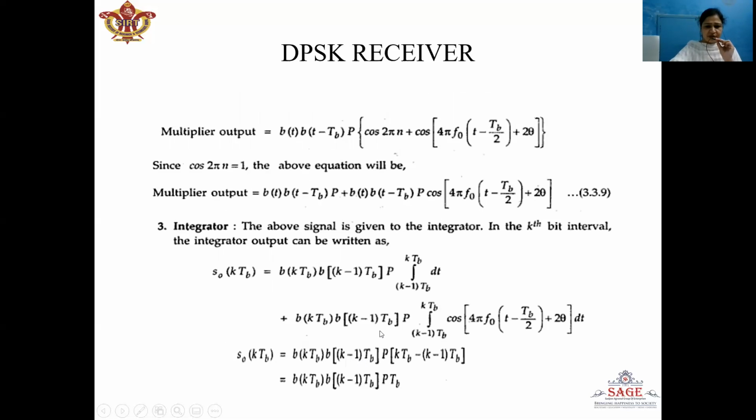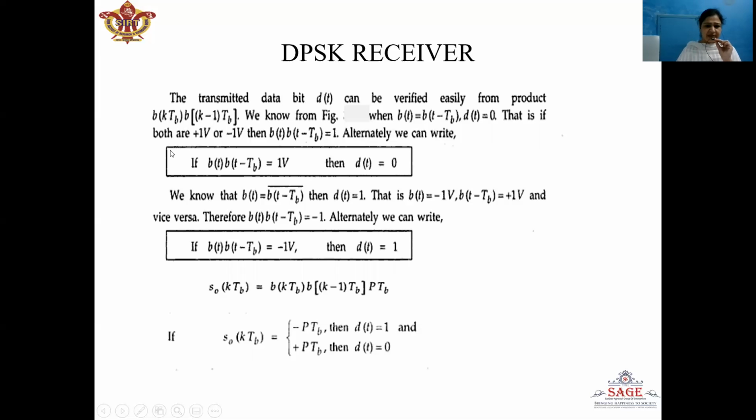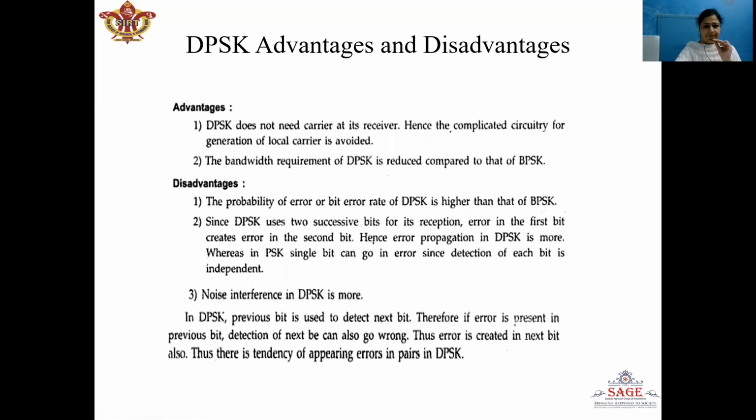So when the output is negative, we conclude that the transmitted signal d(t) is 1. By observing the sign of the output signal, when it is negative PTb, that means d(t) is equal to 1, and when it is positive PTb, that means d(t) is equal to 0. This is how we recover our message signal d(t) from the modulated signal.